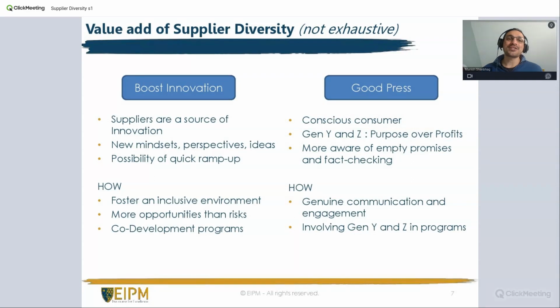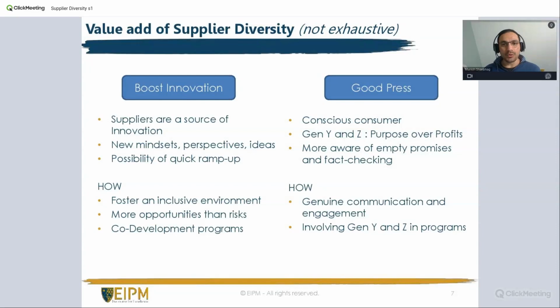So the idea is to foster an inclusive environment. So you're not only doing this to check the box that we talked about, but you're asking the suppliers to participate. You're asking the suppliers to create an environment which can help this group of suppliers to showcase their ideas, to showcase their perspectives, and then you have newer mindsets also that can be showcased. Okay, there are certainly more opportunities than risks. I'm not saying that these don't come with risks. Certainly there will be risks, but there are plenty more opportunities than risks.